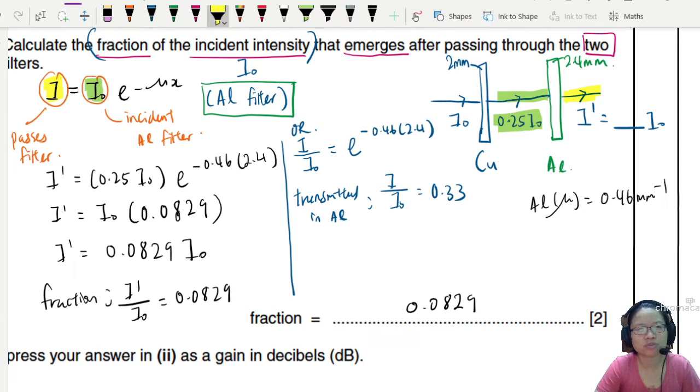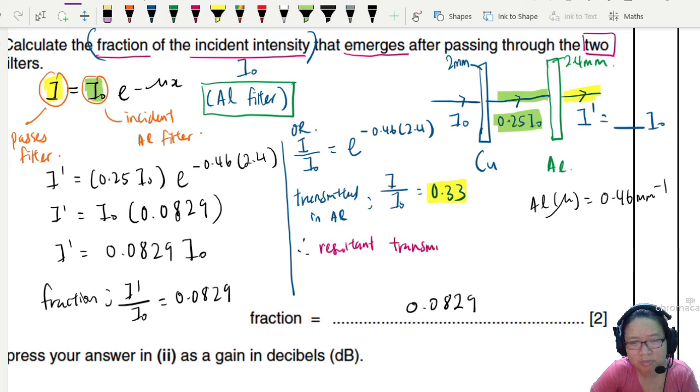So if transmitted through aluminium is 0.33, but transmitted through copper is 0.25, so you can then say, hence, the total transmission, or the resultant transmission, will be equal to 33% or 0.33 of 0.25, which is what you're multiplying here.